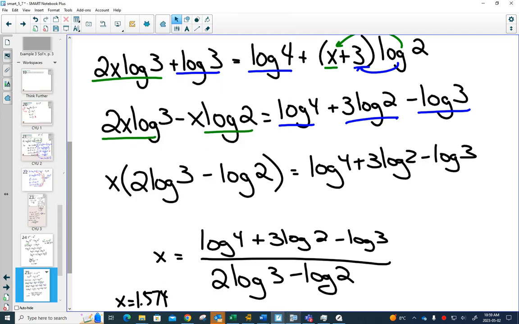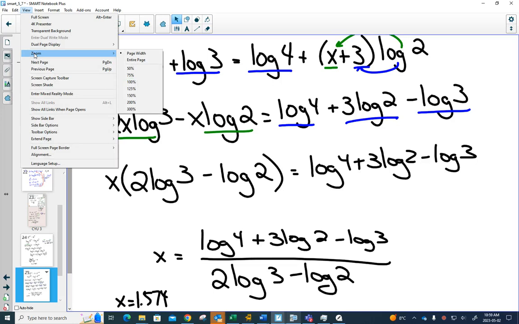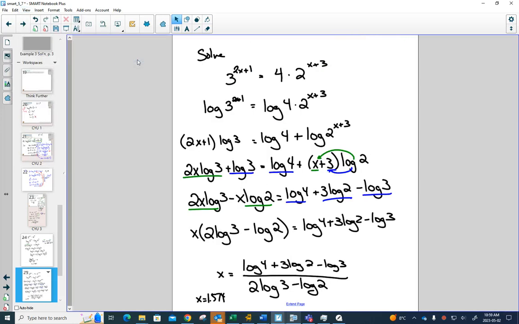When you look at the question in its entirety, it looks like a lot of math and a lot of algebra, but the majority of the steps are straightforward and very predictable. Solving exponential equations follows the same rules every single time. So for those of you that like following rules, log equations follow the same rules every single time.